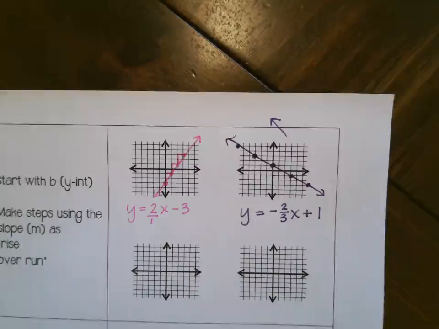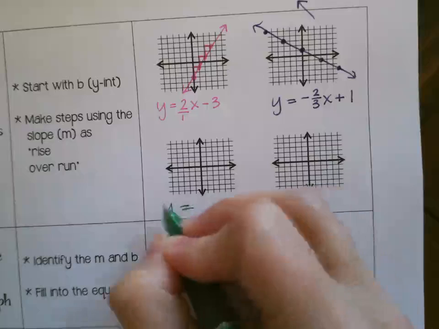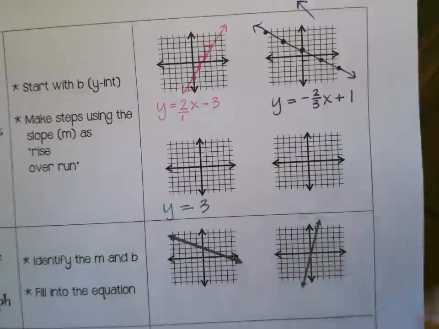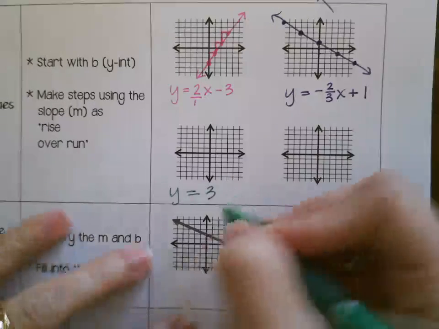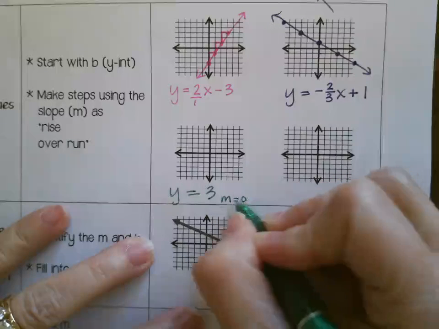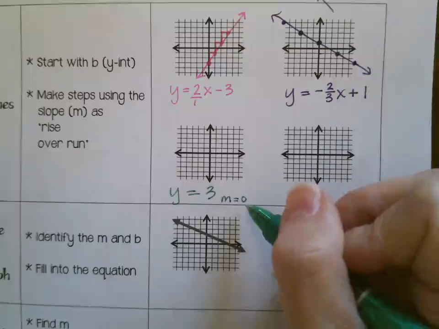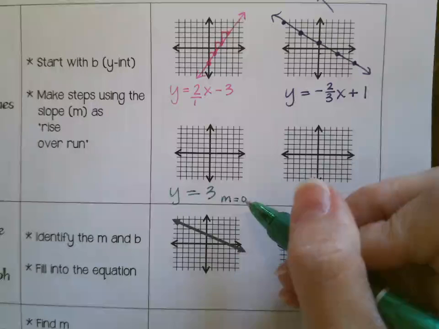All right, let's say that we have y equals 3. Well, if y equals 3, this tells me that the slope is 0. And if I remember, this is 0 fun because it's not easy to ski when it's flat.